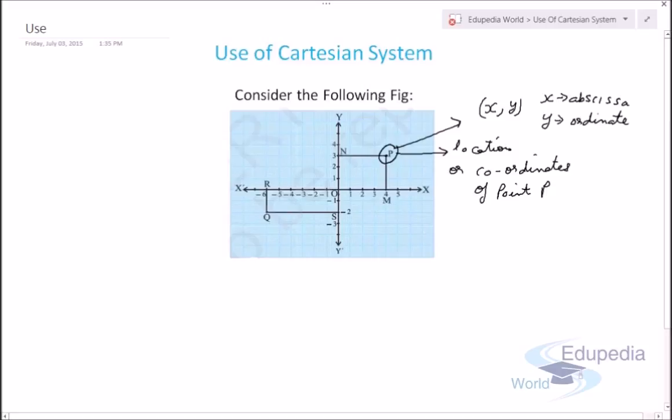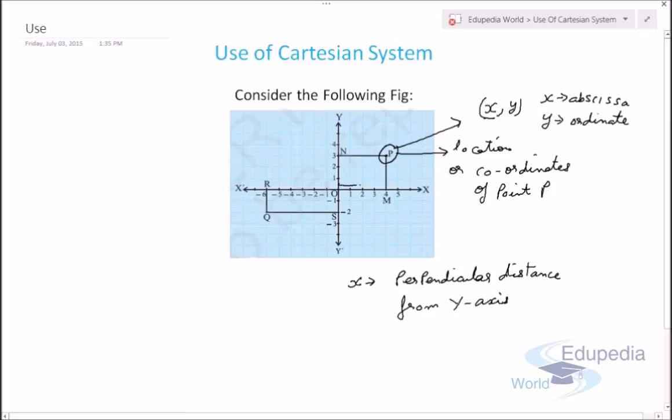Now how do we measure it? Suppose we need the x part of point P. We measure the perpendicular distance for x. For x we need the perpendicular distance from the y-axis. This means the perpendicular distance of point P from the y-axis is 4.